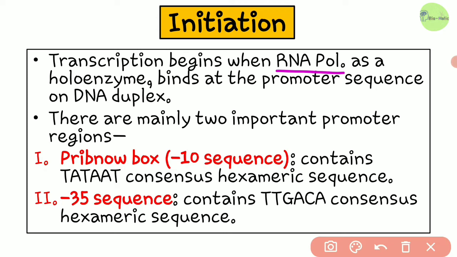There are mainly 2 important promoter regions, each containing a 6 base pair or hexameric sequence: the Pribnow box and the -35 sequence, both present in the upstream direction. These sequences are called consensus sequences because they are almost similar in all prokaryotes, but not the same, okay? Just similar.